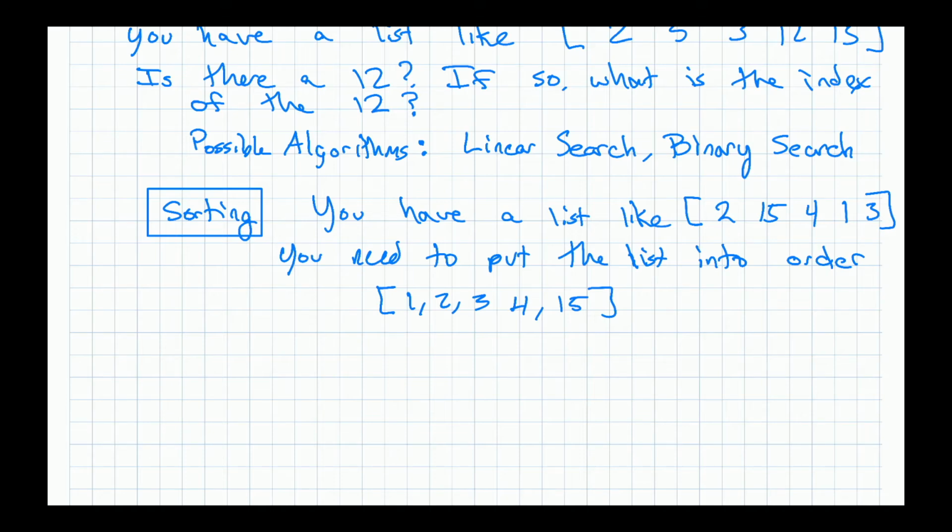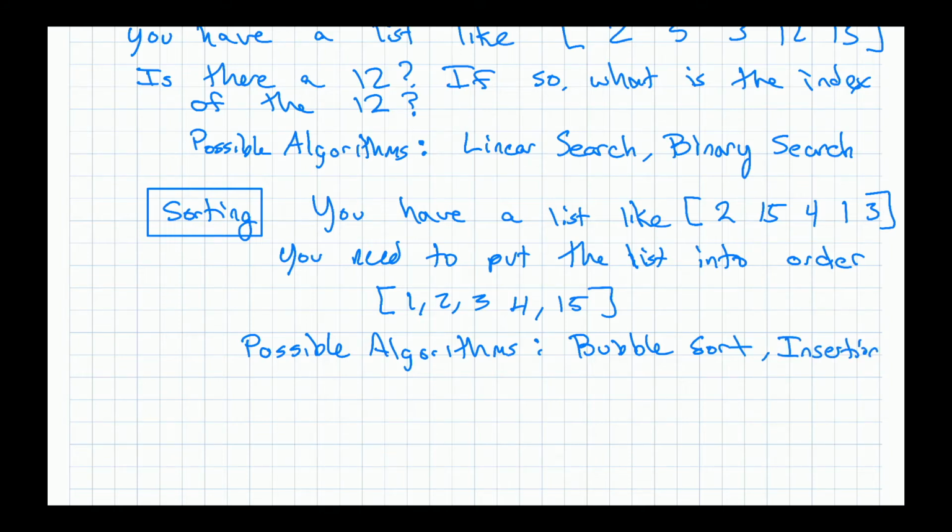And that's sorting. So what are the possible algorithms? Well, there are a lot of sorting algorithms out there, okay? In this section, we don't cover very many. So what are we going to have? We're going to have bubble sort, which is one that we're going to cover. Another one called insertion sort is one we're going to cover.